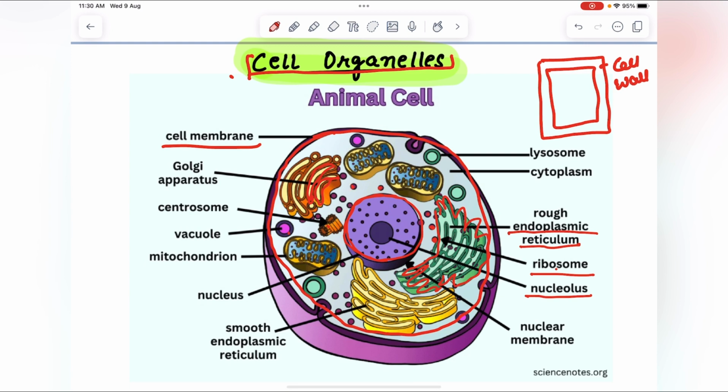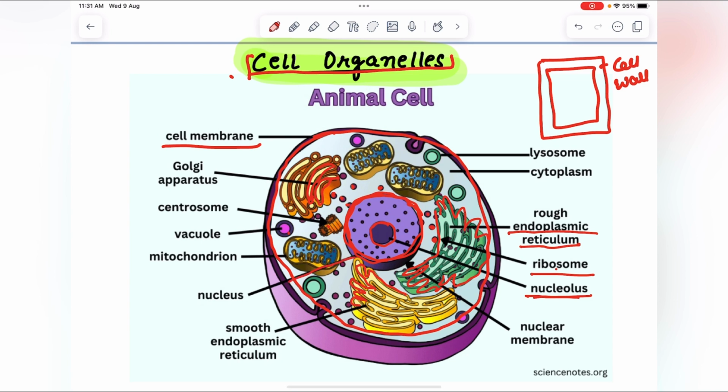They are present freely in the cytoplasm or attached to the endoplasmic reticulum. Nucleolus, this part inside the nucleus, is the nucleolus. This outermost covering of the nucleus is called the nuclear membrane. This is smooth endoplasmic reticulum. Why is it smooth? Because ribosomes are not present on it, that's why it is called smooth endoplasmic reticulum.